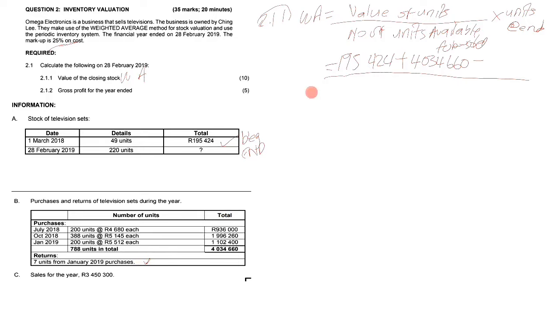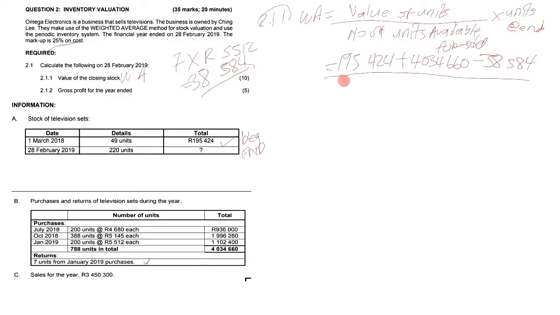So your calculation for returns is 7 units multiplied by the price per unit of 5,512 each. So the returns will amount to 38,584. So that 38,584 is your amount of returns, right?